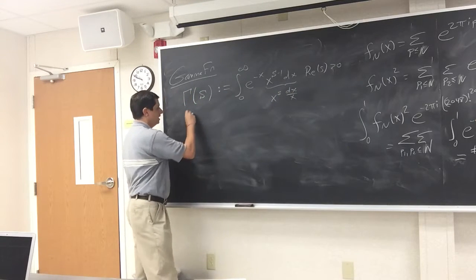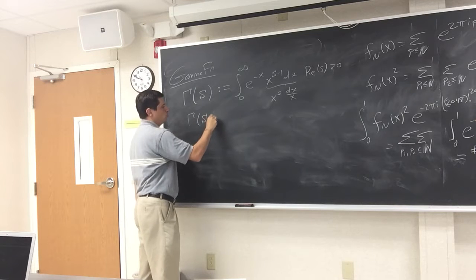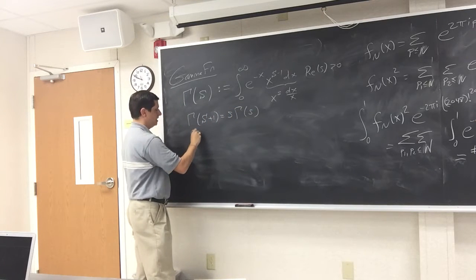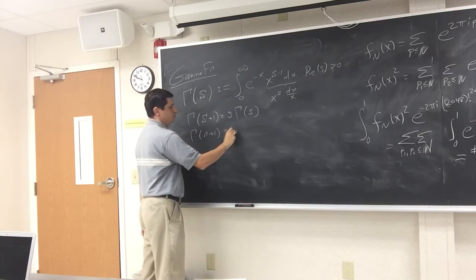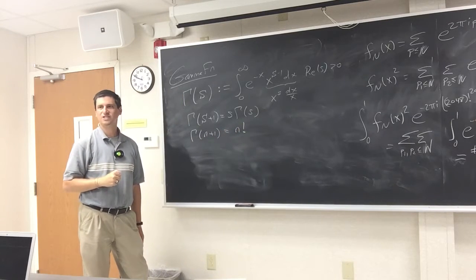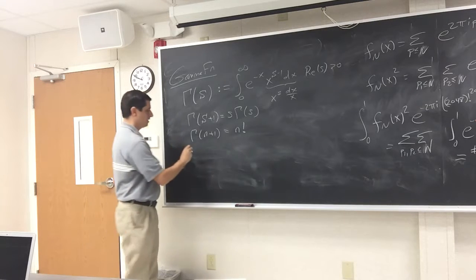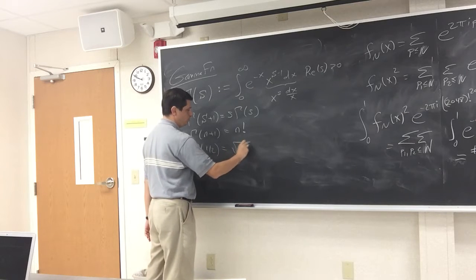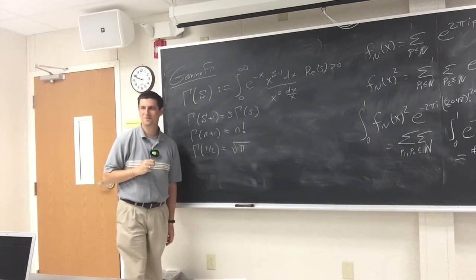It turns out gamma of s plus 1 is s gamma of s. Gamma of n plus 1 turns out to be n factorial. It's essentially the factorial function slightly shifted. Gamma of 1/2 is the square root of pi.